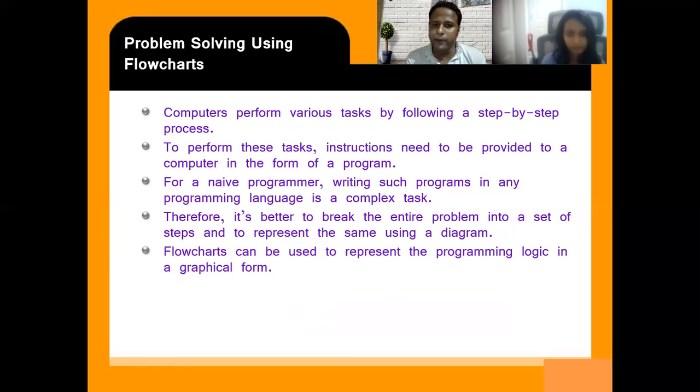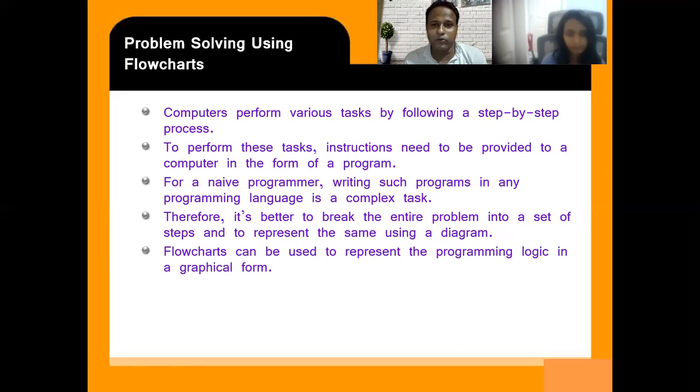For a beginner programmer, writing such a program in any programming language is very complex. So therefore, it's better to break the entire program into a set of steps and to represent the same using a diagram.